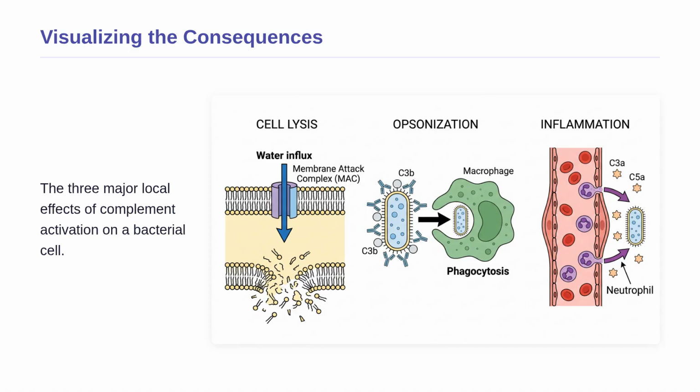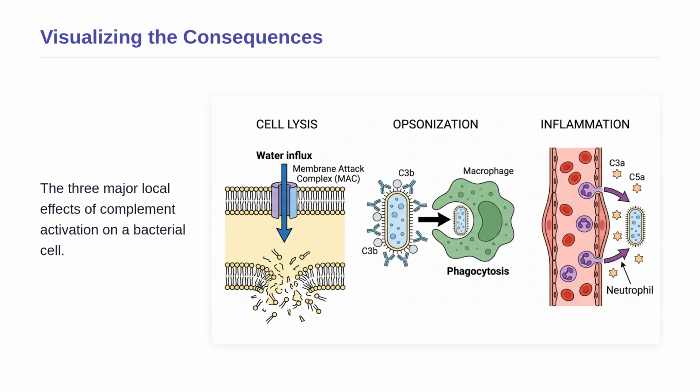Before we move on to the clinical and mathematical aspects, let us see this with a concrete visual example. Here, we see a diagram illustrating the three major local effects we just discussed. On the far left, notice the membrane attack complex inserted into the bacterial wall, allowing water to rush in and cause cell lysis.